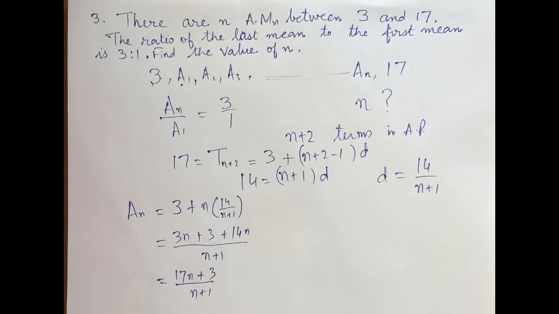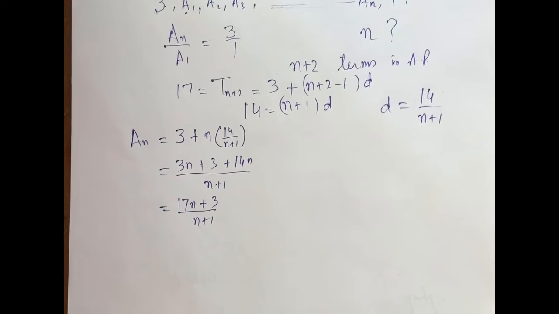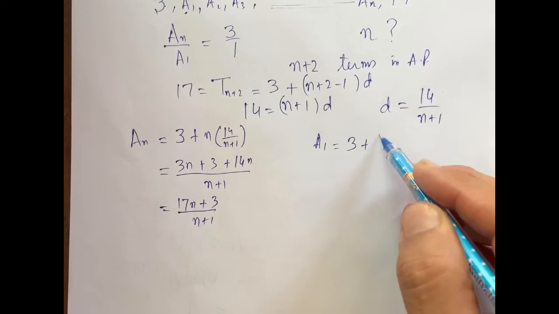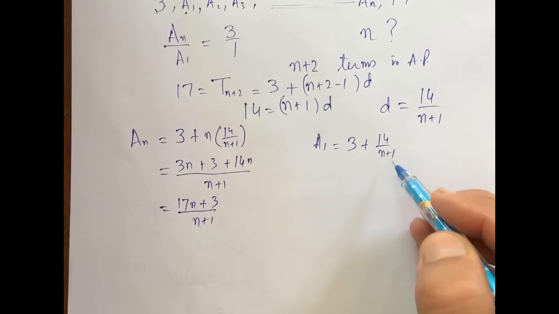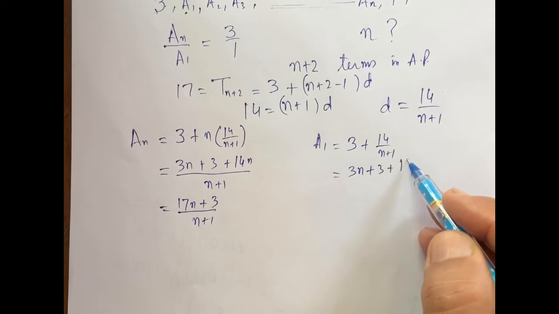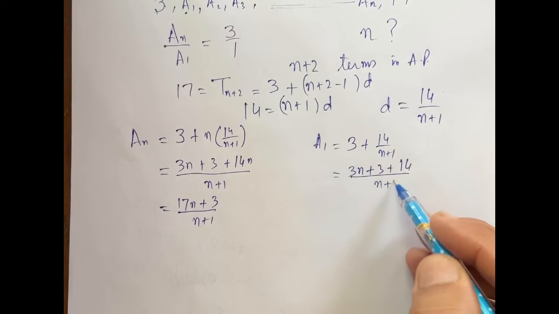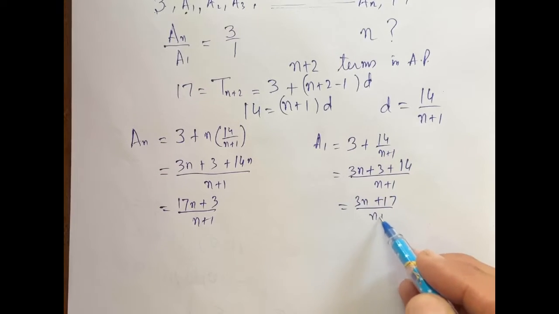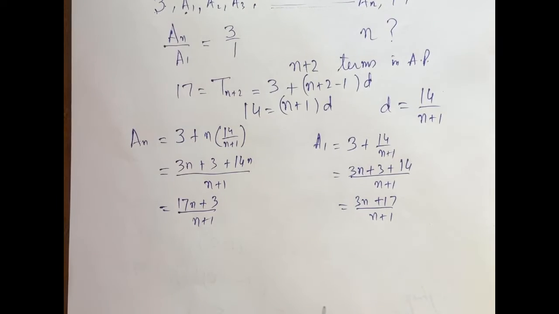Next we find out first arithmetic mean, that is a1, that is 3 plus d. d is 14 upon n plus 1. This is 3n plus 3 plus 14 upon n plus 1, or this is 3n plus 17 upon n plus 1.